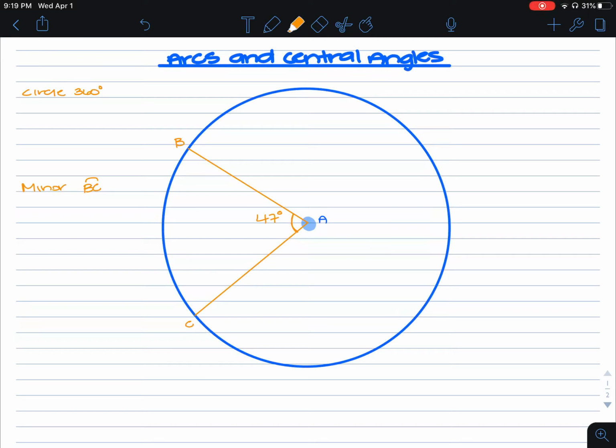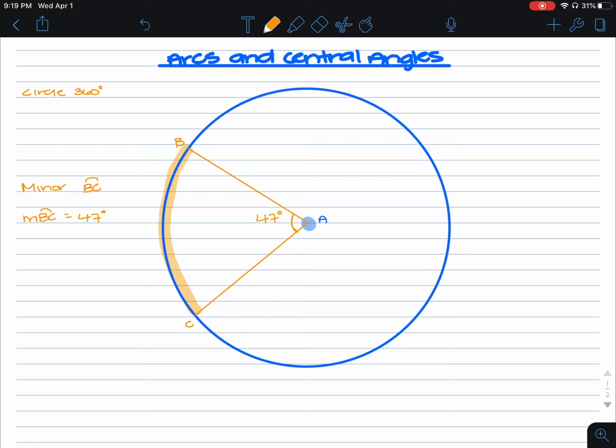That means, and this only happens if the angle is touching that center, in this case, it is touching that center, the measure of my arc is going to be the same as that central angle. So in this case, the measure of BC arc, my minor arc, is 47 degrees. Okay, they're going to be the same.